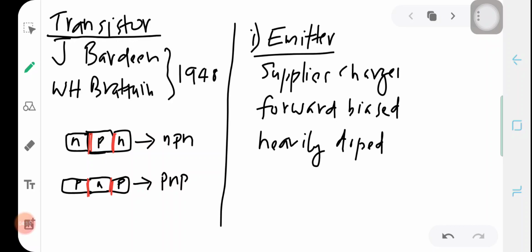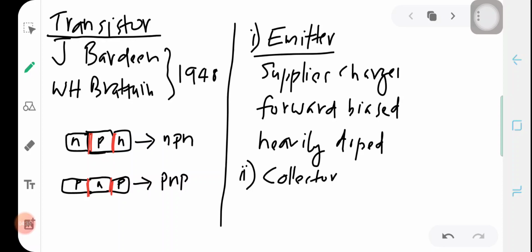The second region, on the other side of the base, which collects the charge carriers and which is of the same type as that of the emitter, is called the collector region.